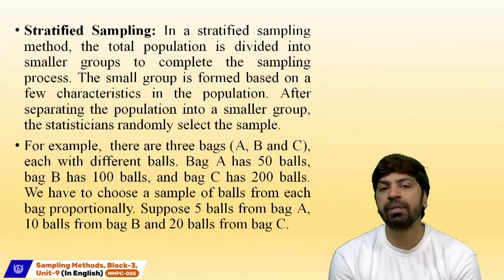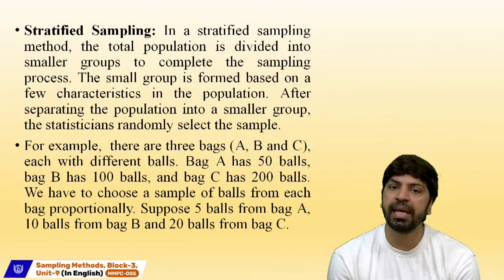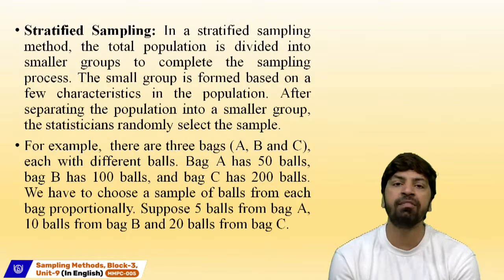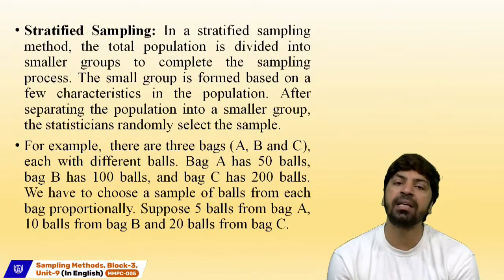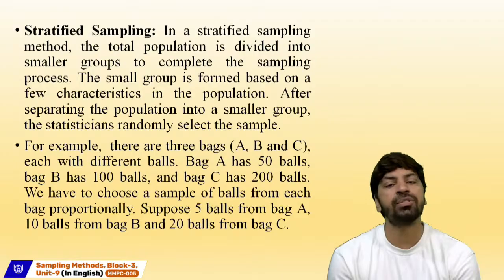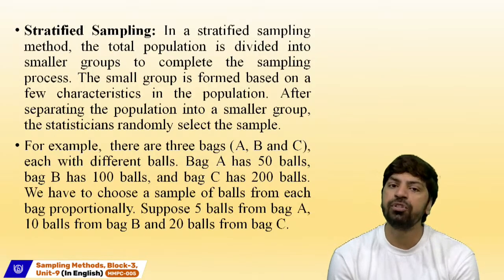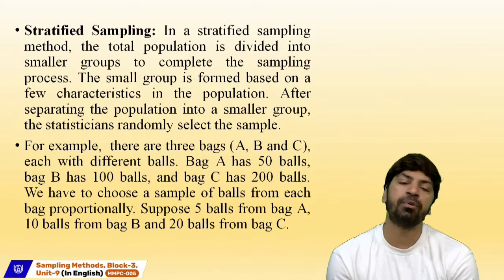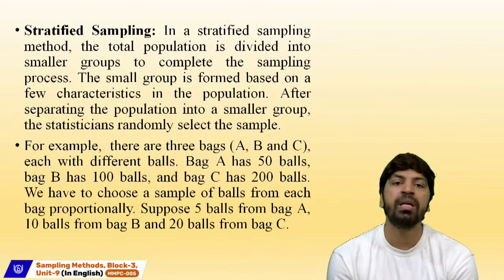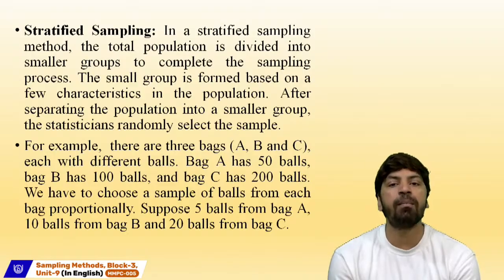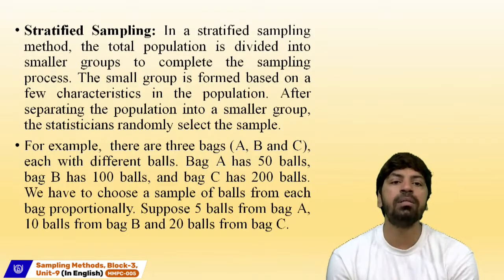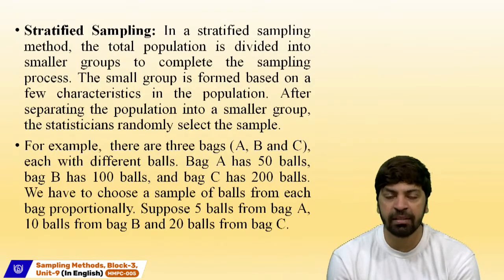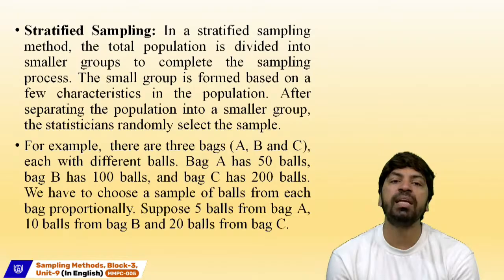For example, there are 3 bags A, B and C, each with different balls. Bag A has 50 balls, bag B has 100 balls, bag C has 200 balls. We have to choose a sample of balls from each bag proportionately. Suppose 5 balls from bag A, 10 balls from bag B, and 20 balls from bag C. So this is how we can choose.